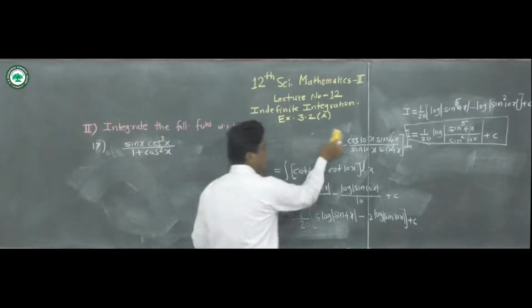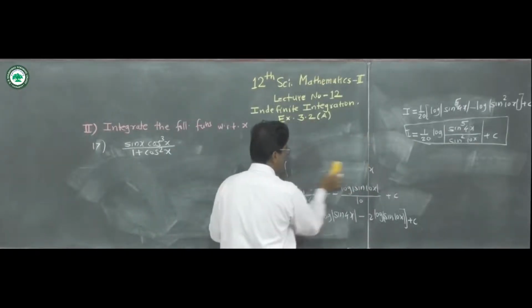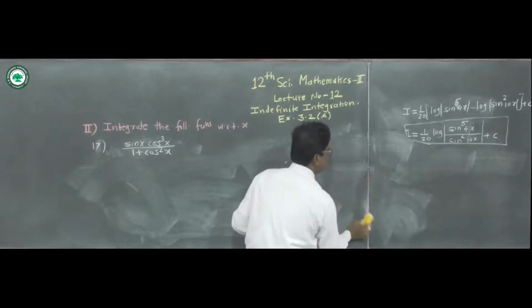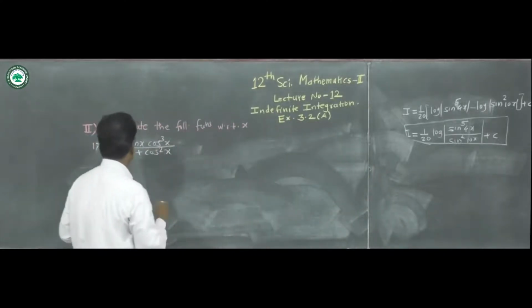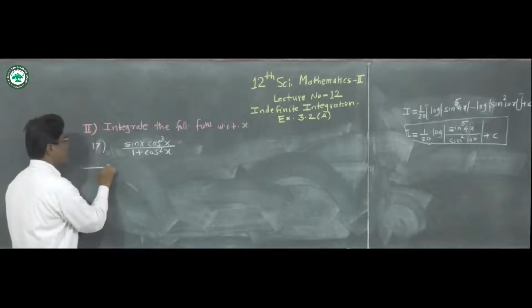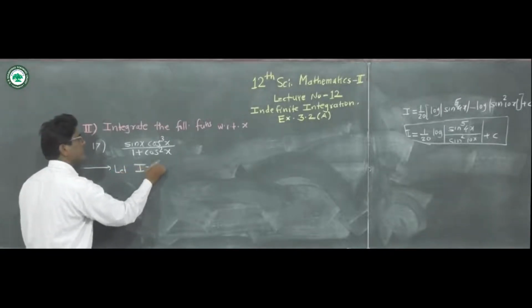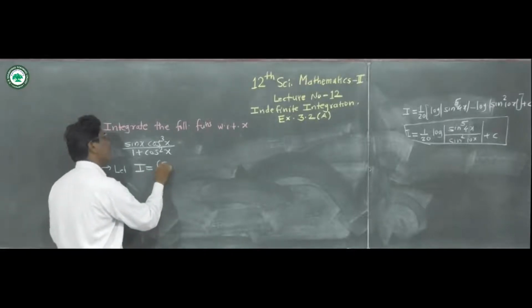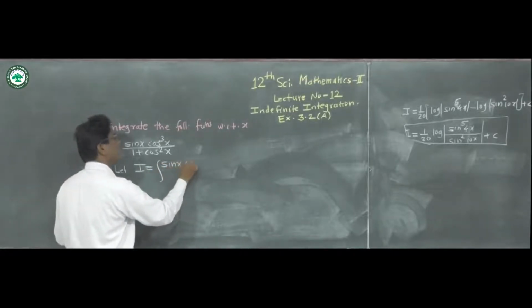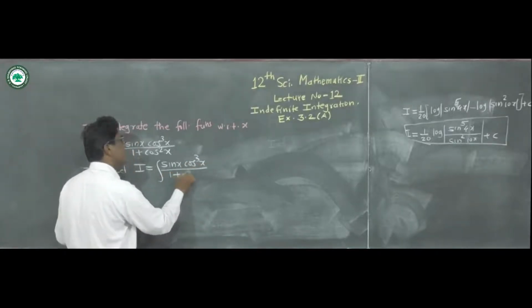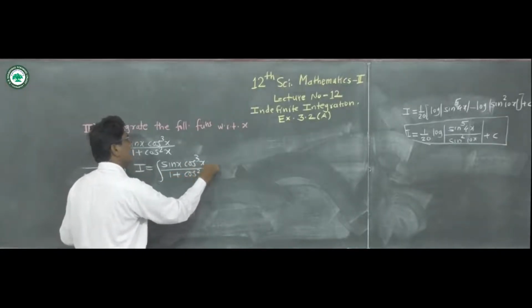So firstly we call the given problem as I. So let here I is equal to, so solution of this, let I is equal to integration of sin x into cos cube x divided by 1 plus cos square x dx.